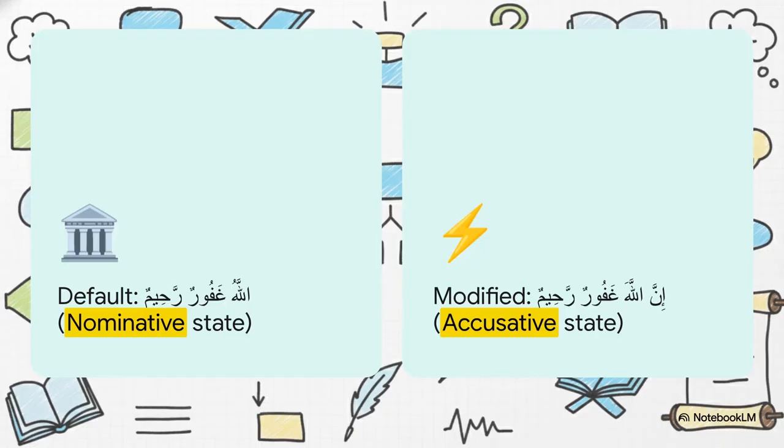Let's move to how this builds in practice. By default, we have Allahu Ghafurun Rahim. Our mubtada, Allahu, ends in a dhamma, that classic u sound of the nominative marfu' case. But bring in the modifier inna to add absolute certainty, and this invisible grammatical force bends the rules. It shifts the vowel on the foundation from a dhamma to a fatha, making it inna Allaha, while the superstructure remains perfectly untouched.